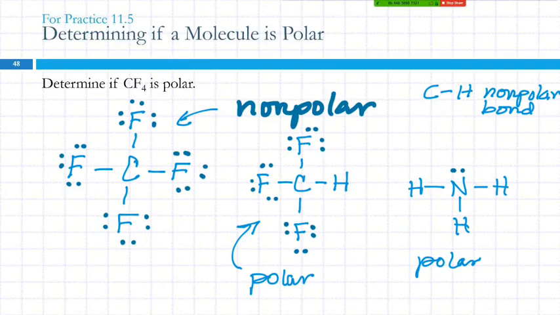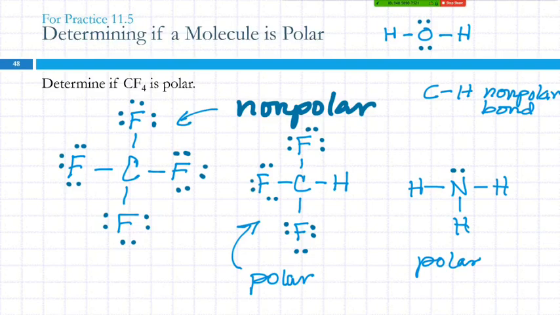Because I thought if it was bent, it was supposed to be polar. Yeah, so with water, which is the classic example of that, when we look at the Lewis structure, we may or may not recognize that its shape is bent, but we see that there's 2 lone pairs on the central atom, and it's those 2 lone pairs that cause it to be bent and cause it to be lopsided.